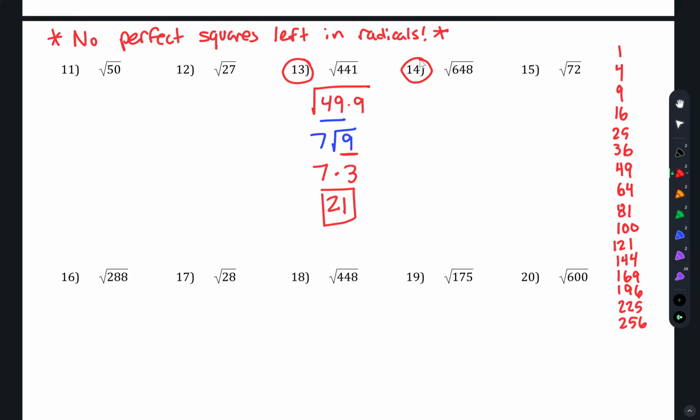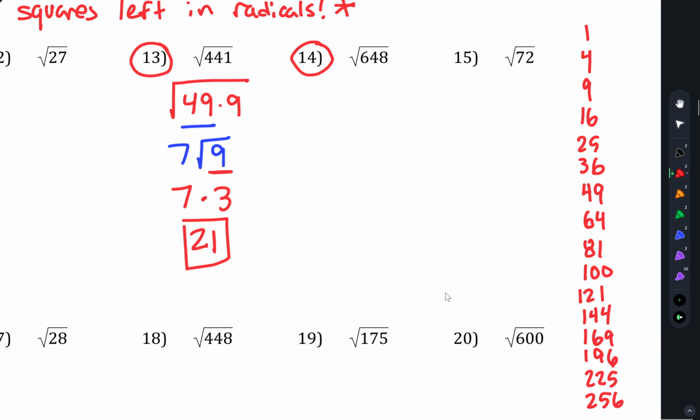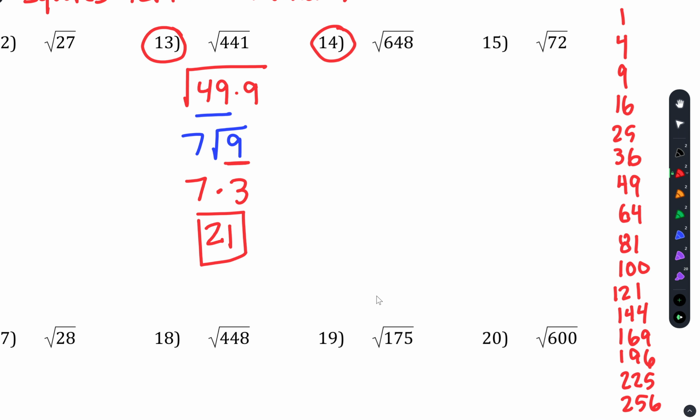Try number 14. The number is 648. We're going to start with 256. We're going to work our way backwards. Let's find the biggest perfect square we can. Did we find one?